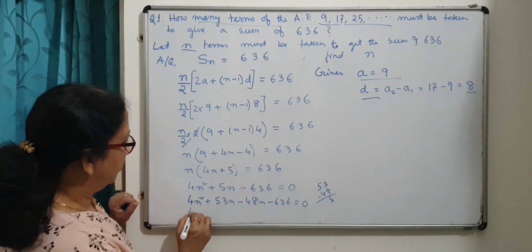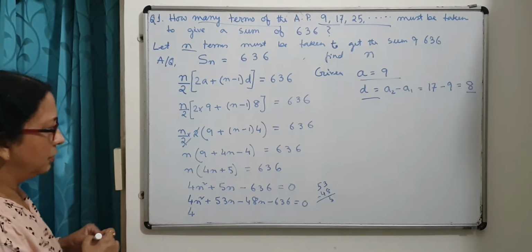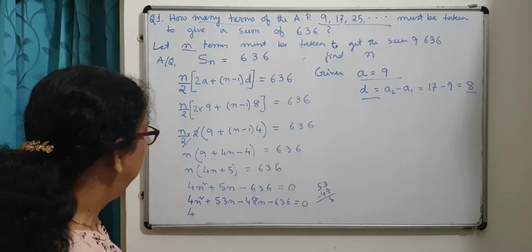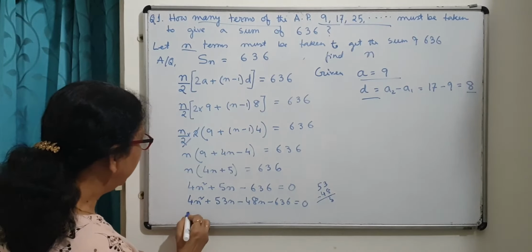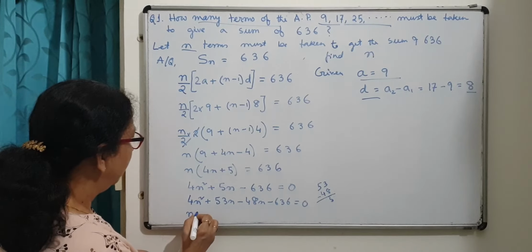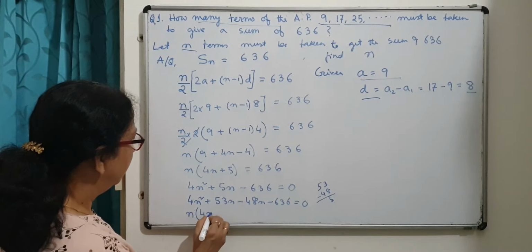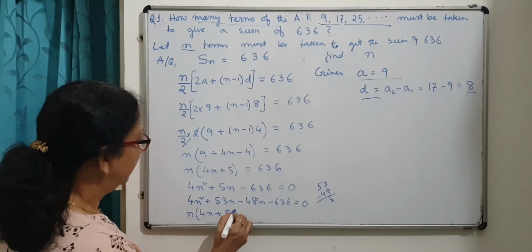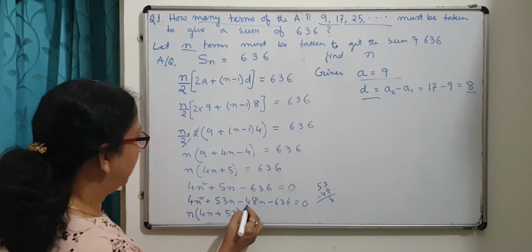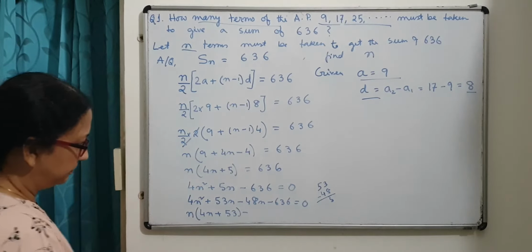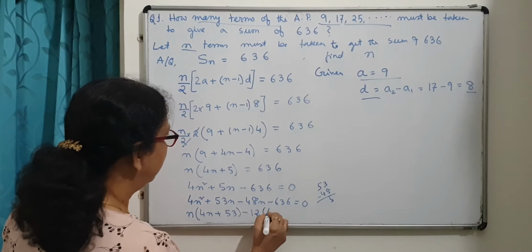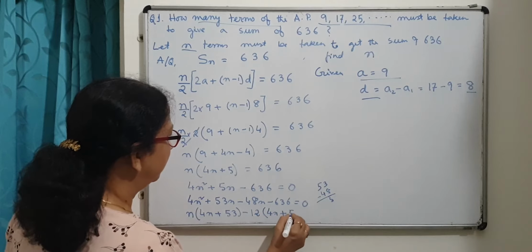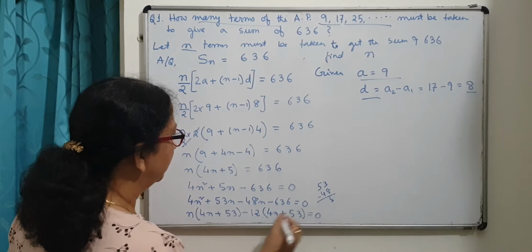Now take common: I have to take n only, so it is n into (4n plus 53). And here I have to take 12 common, 12 into (4n plus 53) is equal to 0.